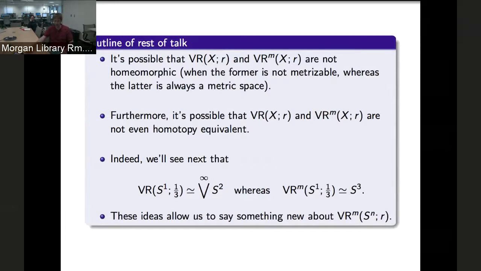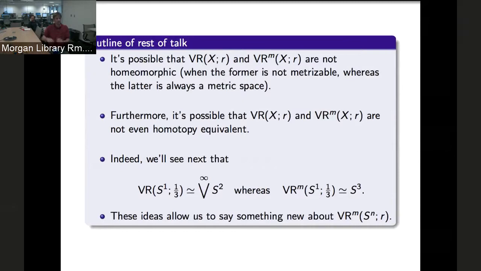But I want to show you an example where they're not homotopy equivalent, and it'll be related to the Rips complex of the circle. The Rips simplicial complex of the circle at a certain scale parameter will be an infinite wedge of two spheres up to homotopy type, which is a little wild, whereas the metric Rips thickening of the circle at some scale parameter will be the three sphere.